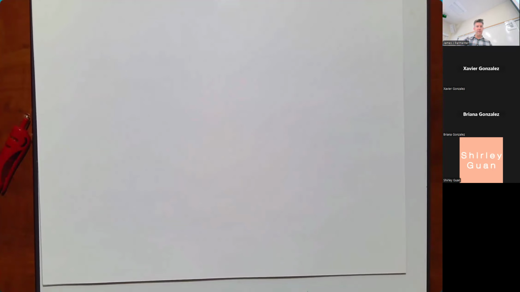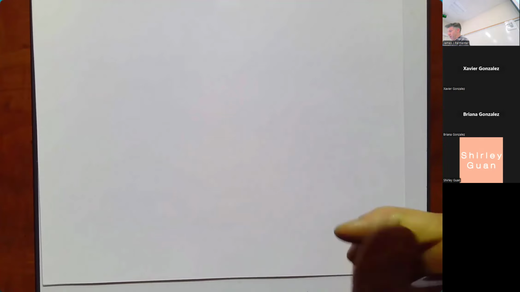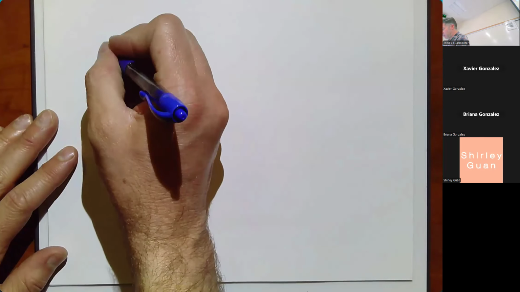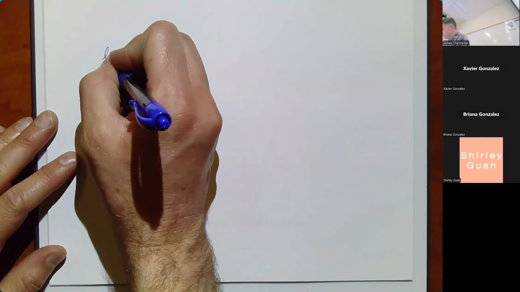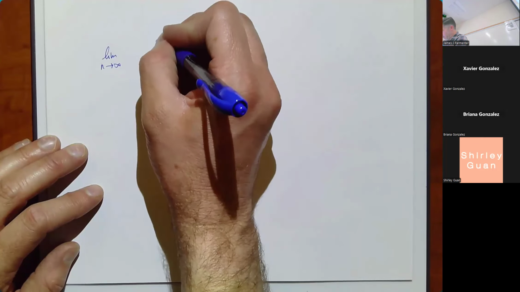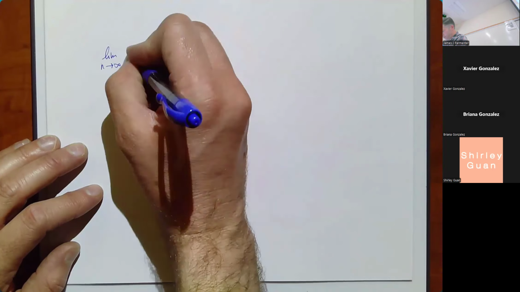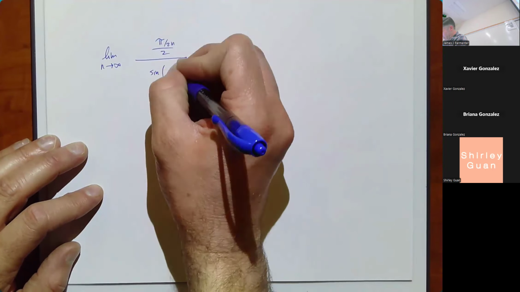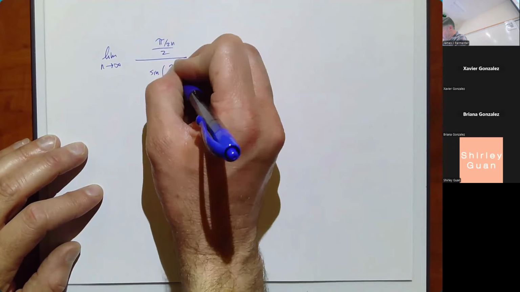For part B, when infinity is substituted for n, where does the second one come from? Right, so I think I just kind of explained that. I'll say it again. What we end up having is the limit as n goes to infinity of, again, it's real gross here, pi over 2n over 2 over sine of the same pi over 2n over 2.